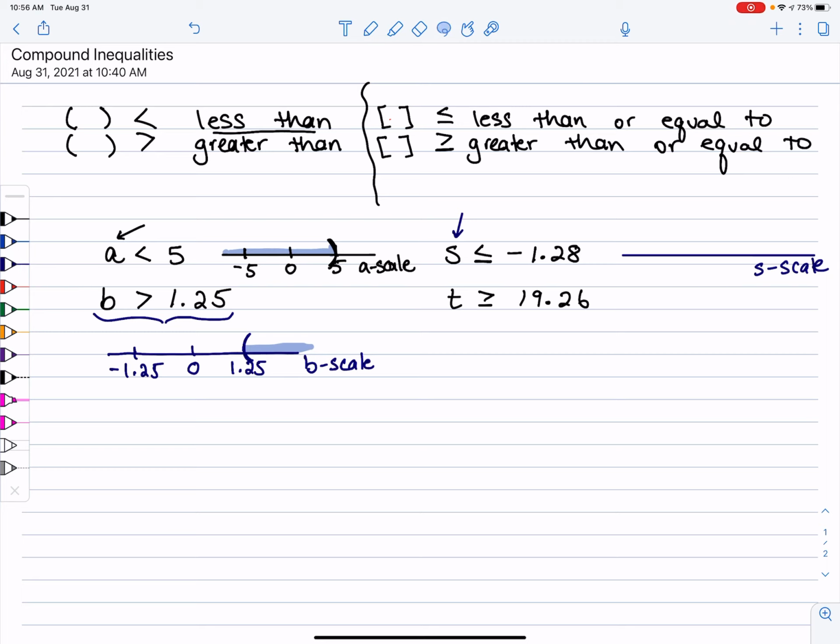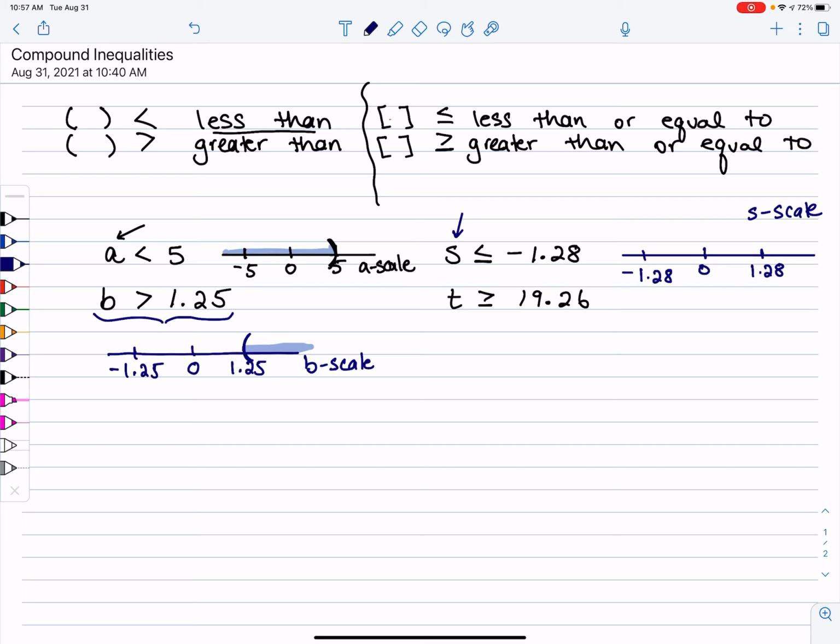I'll put it over here. And then we'll start with 0 somewhere in the middle. We'll put a negative 1.28 to the left of 0, and then a positive 1.28.